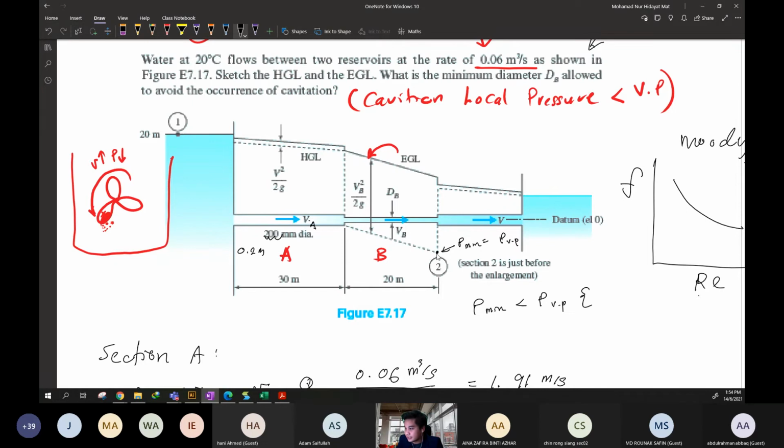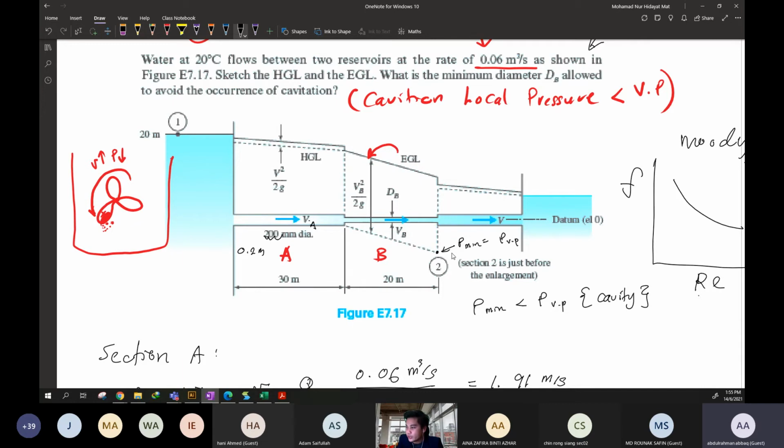If the pressure here is less than the vapor pressure, the cavity will happen. Yes, cavitation will happen.